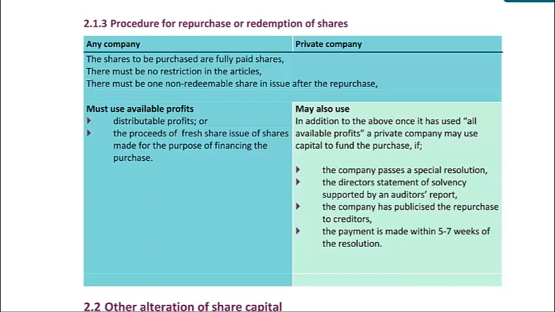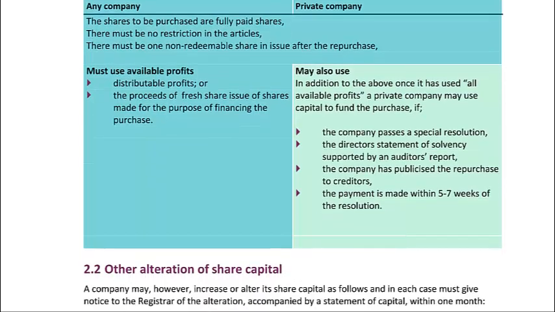If you're a private company, you have to use those available profits first, but once you've done that, you can use capital to fund the purchase. However, you need to be solvent, you need to pass a special resolution, you need your shareholders' approval, there's a publicity requirement, and also timing, so you must actually make that payment within quite a short time from having your shareholders' approval.